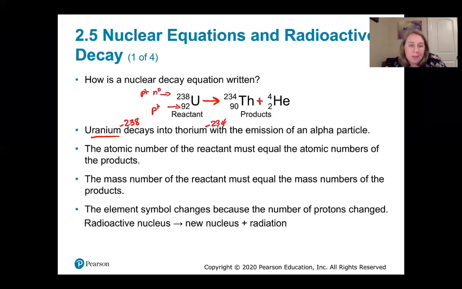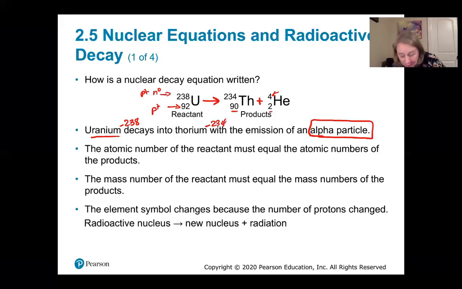And it decays into thorium. I go on the periodic table, and I find that thorium has 90 protons. I also know that an alpha particle is a helium nucleus, so it has 2 protons, 2 neutrons. I can put a 2 for the protons and a 4 for the mass number, because 2 protons and 2 neutrons is a 4.